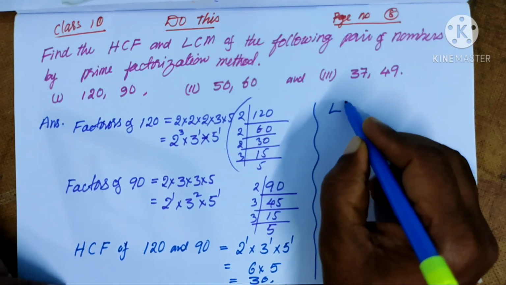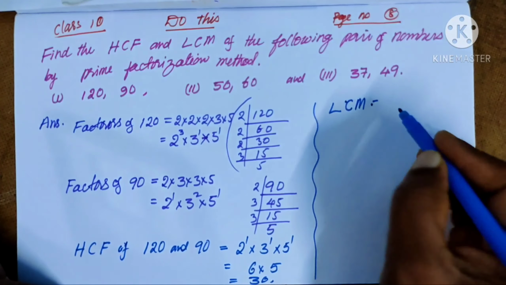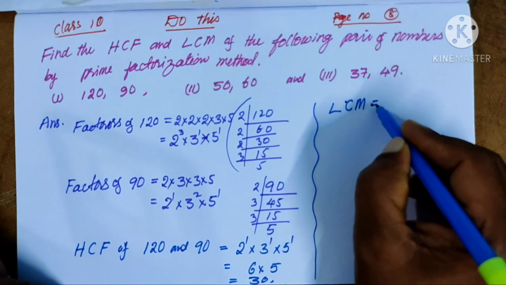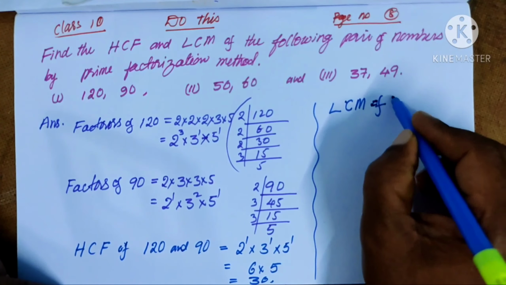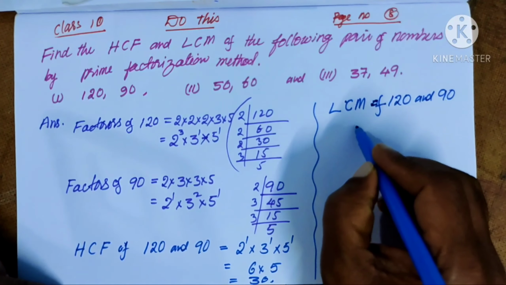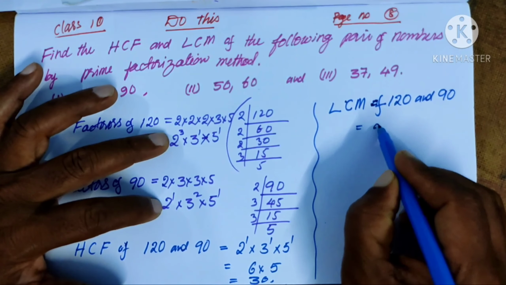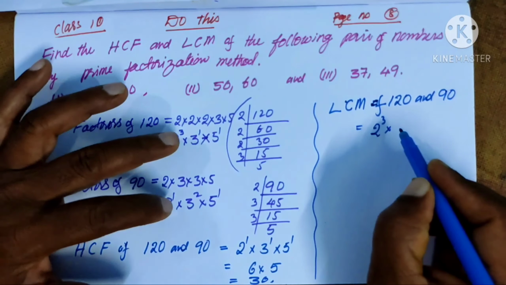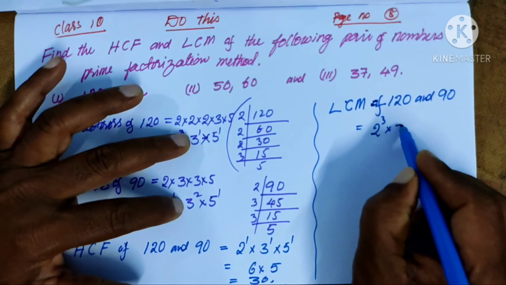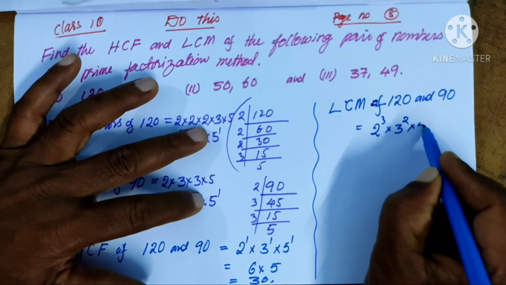This is the HCF. Now LCM of 120 and 90. LCM, least common multiple. So 2 to the power of 3, the highest power. Now 3 to the power of 2 and 5 to the power of 1.